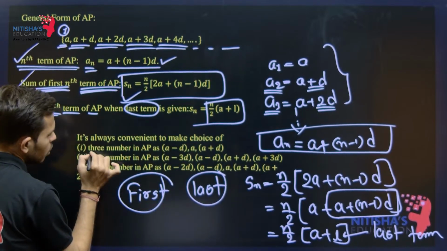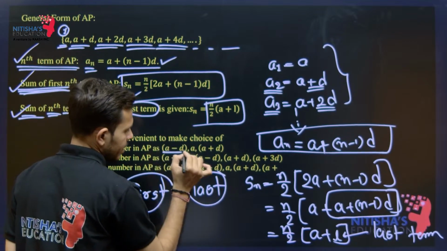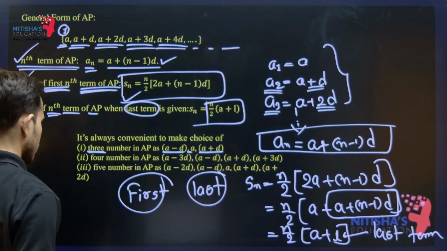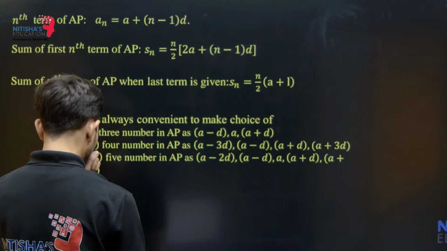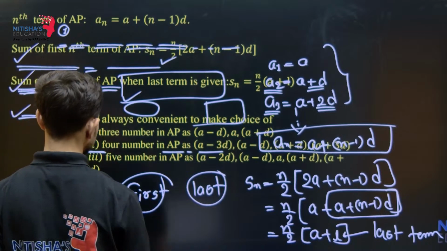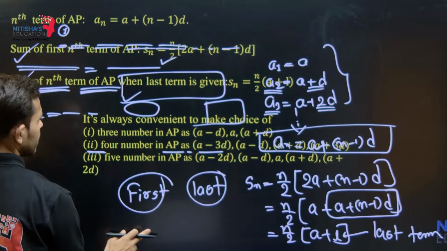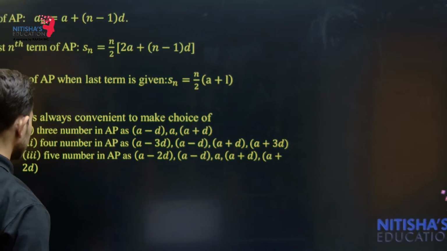If they are saying you have to take 3 numbers, then the numbers are a minus d, a and a plus d, right?